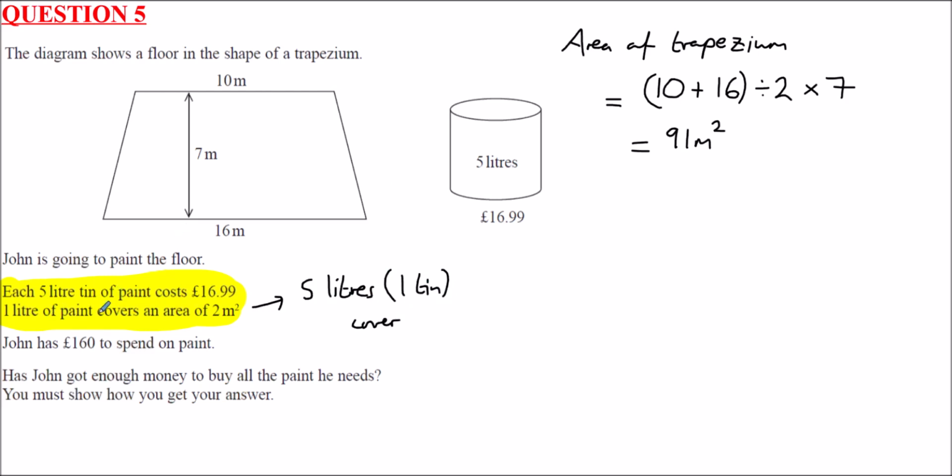Essentially, we're just multiplying this 1 litre covering 2 by 5. If 1 litre covers 2 square metres, then 5 litres will cover 2 times 5, which is 10 square metres.